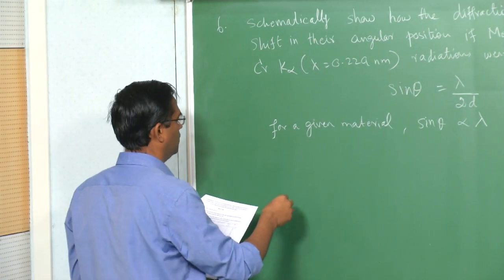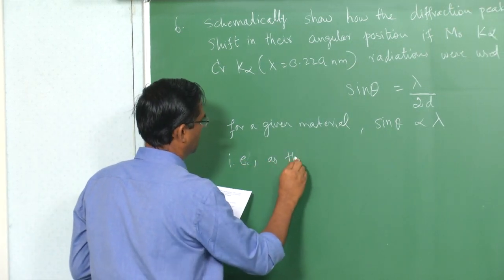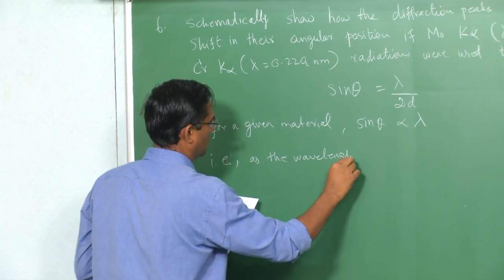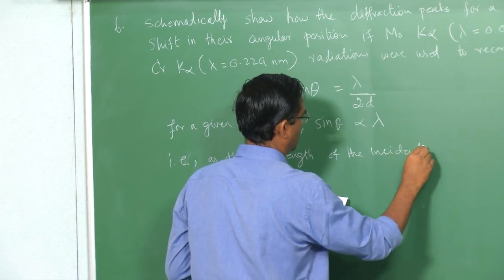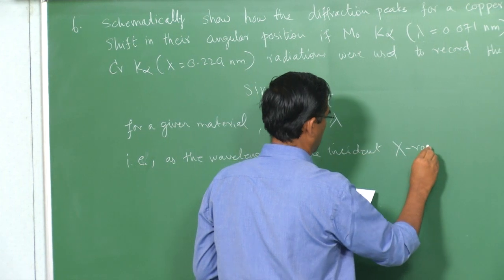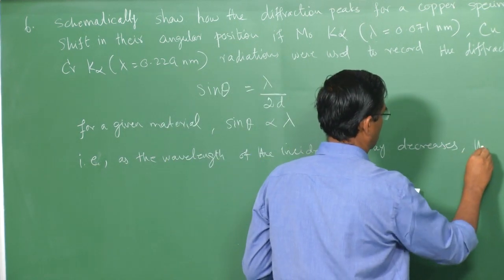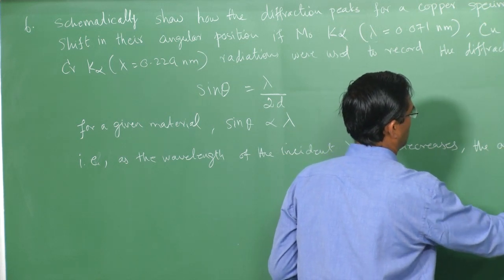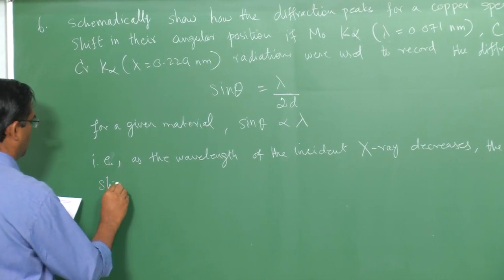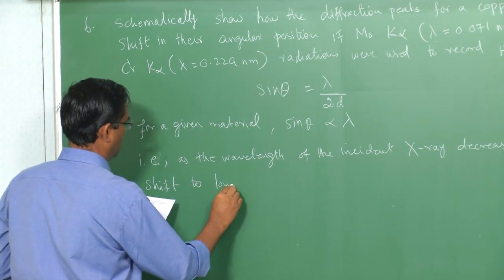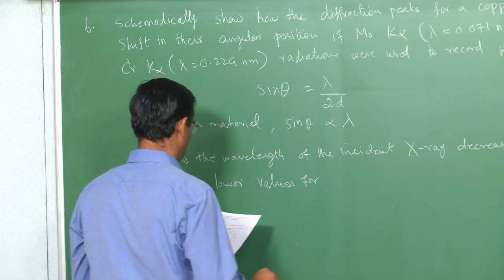You try plotting this or schematically put it with this clue: as the wavelength of the incident X-rays decreases, the angular position shifts to lower values for the same plane.